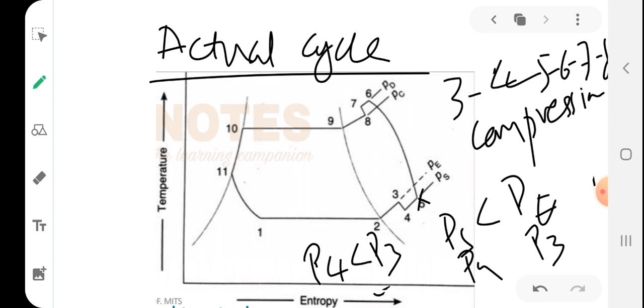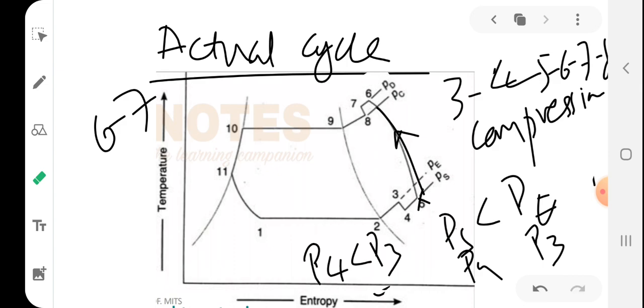So the temperature is raised at point 5. The actual compression is shown by 5 to 6, and this is due to heat. After that there is a cooling effect in 6 to 7. From 6 to 7 you can see a bit of cooling, right?